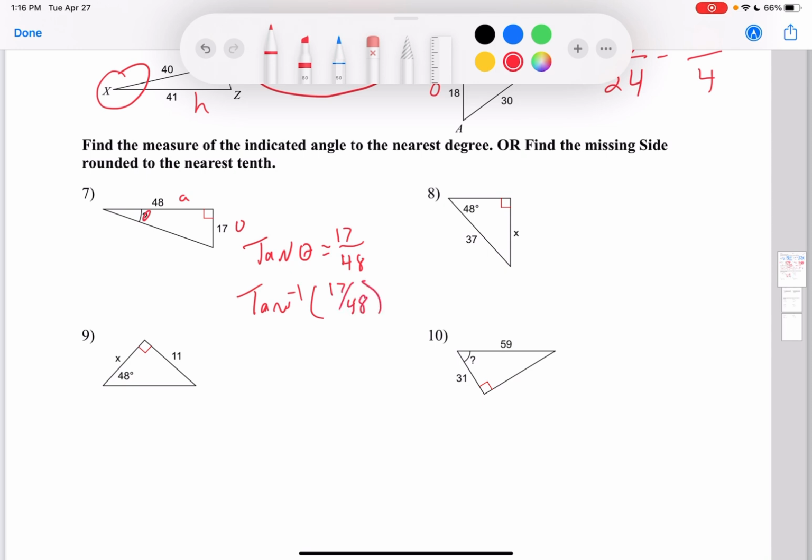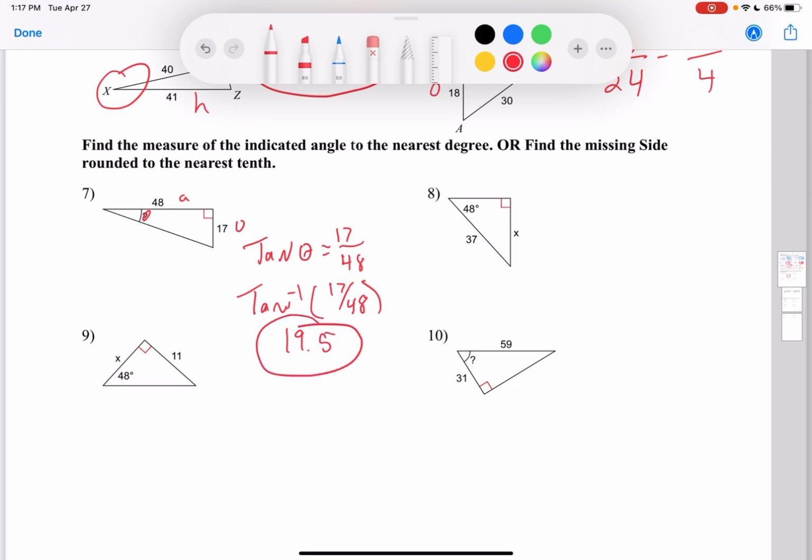And from now on, I'm just going to do the inverse because that's what we're trying to find. So we've got second tangent of 17 divided by 48. And it says to the nearest tenth, so 19.5.